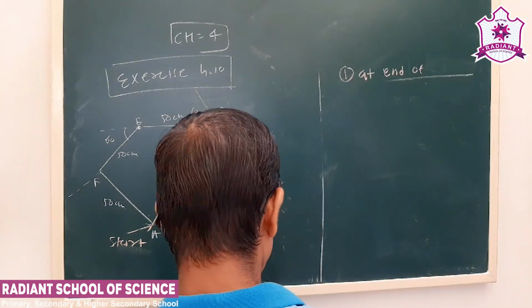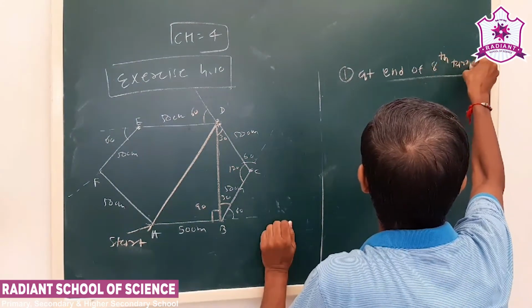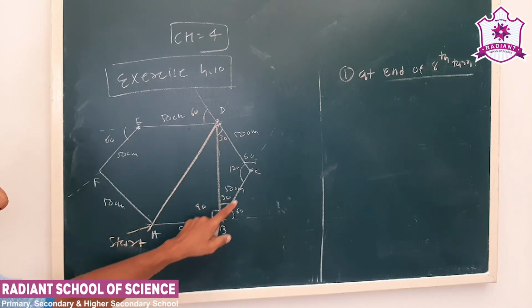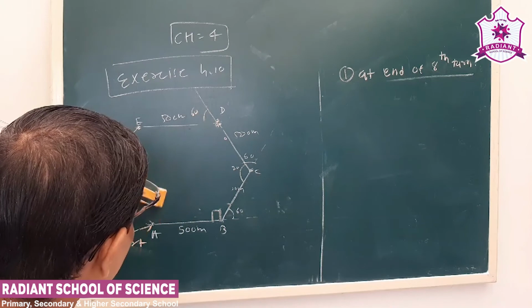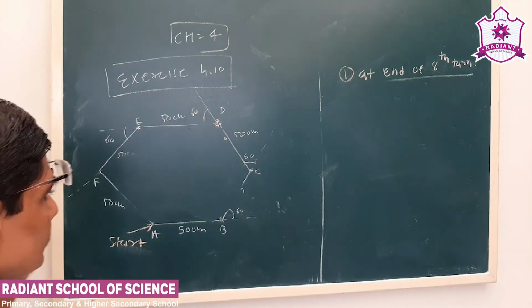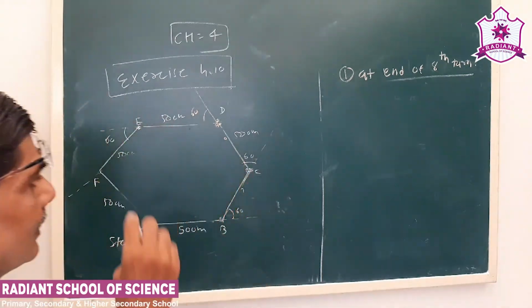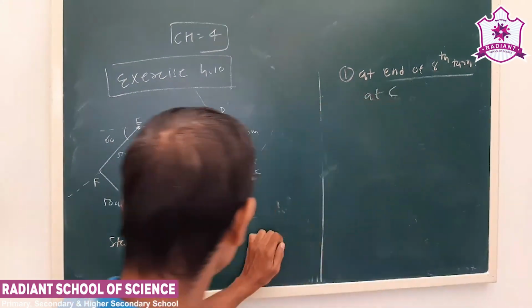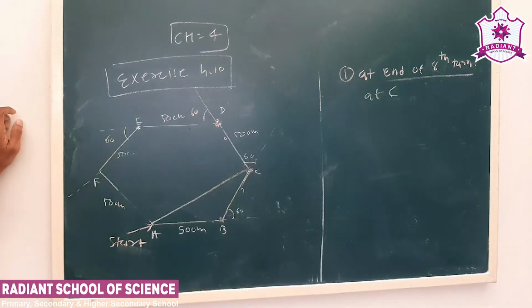Now the sixth turn was here, then the seventh and eighth. See, our eighth turn is at C. Now we have to calculate path length and displacement.